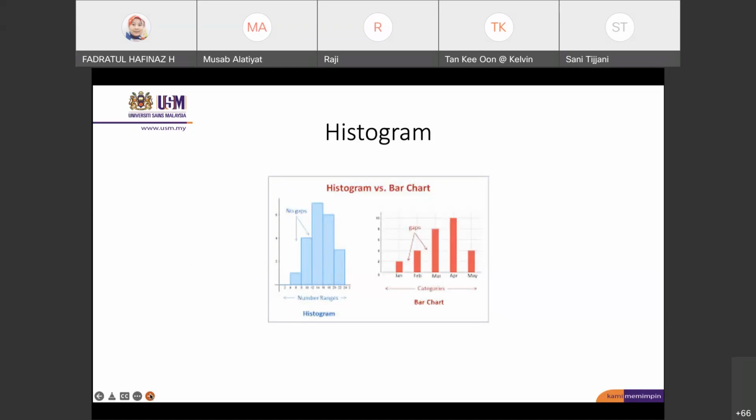Typically, the bar runs vertically with the count axis running vertically. To manually construct a histogram, you need to define the range for data for each bar, what we call it bin size, count many cases fall in each bin and draw the bar high enough to indicate the count. Okay.